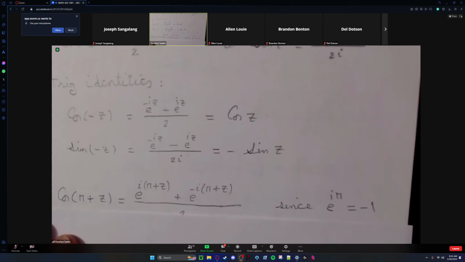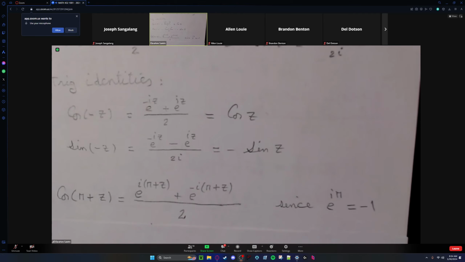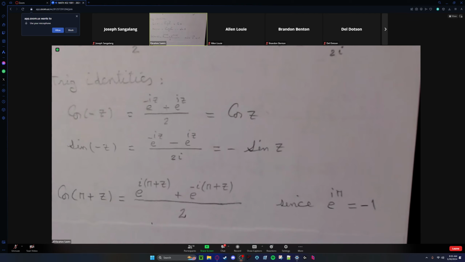This is just a verification by using exactly the definition of sine and cosine. Here is another one that I mentioned last time, and please note that if in your test I am asking you to verify a certain equation by using the definition of sine and cosine, this is what you will do, all right? For example, cosine of pi plus z.